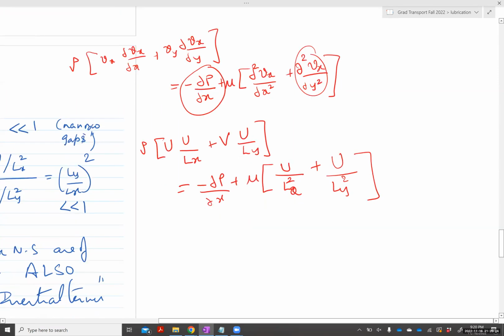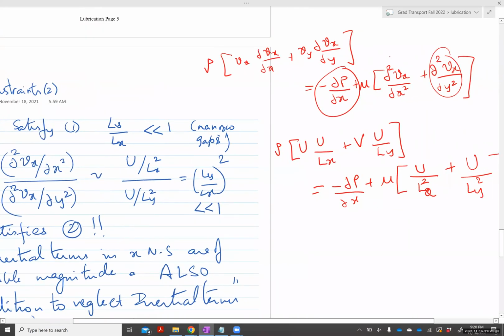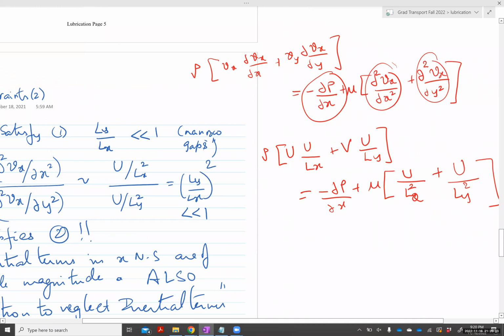So let's look at the first two terms. First, let's look at dou squared Vx over dou x squared, which is u over Lx squared, and compare it to dou squared Vx over dou y squared, which is u over Ly squared.